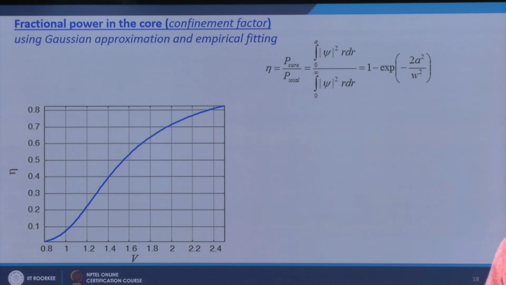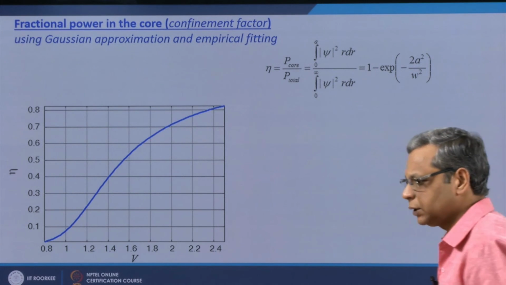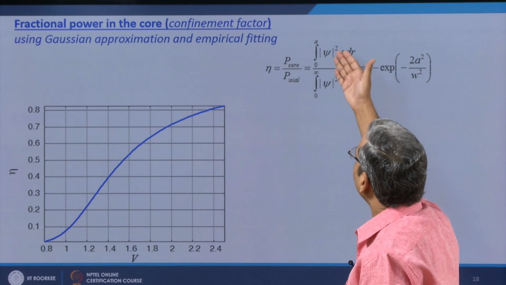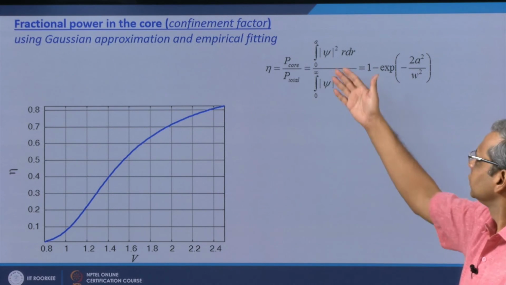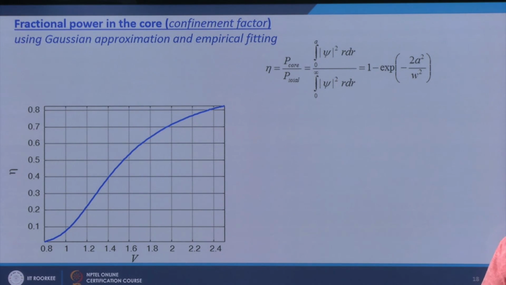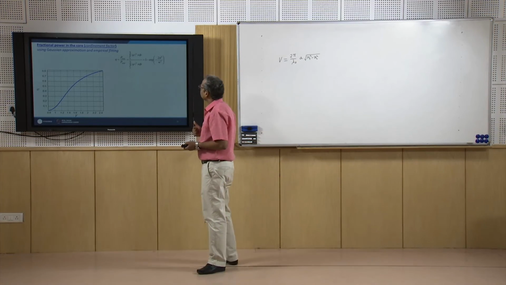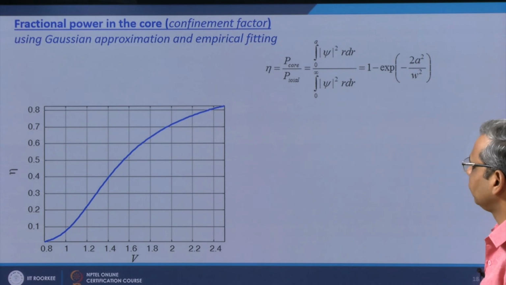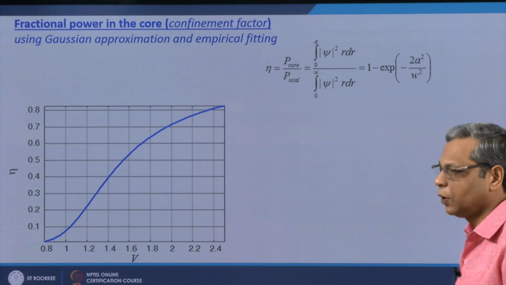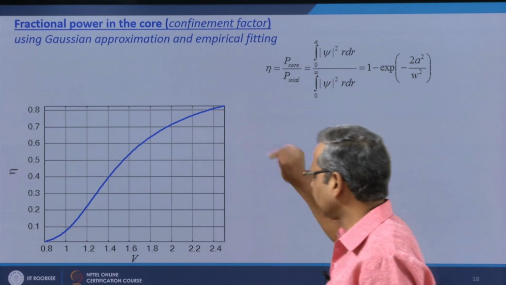As I said, it is very easy to work with Gaussians, so calculating these integrals is not very difficult if you use psi as a Gaussian. When I do this, it comes out to be 1 minus e to the power minus 2a square over w square, and when I plot it, it goes like this.